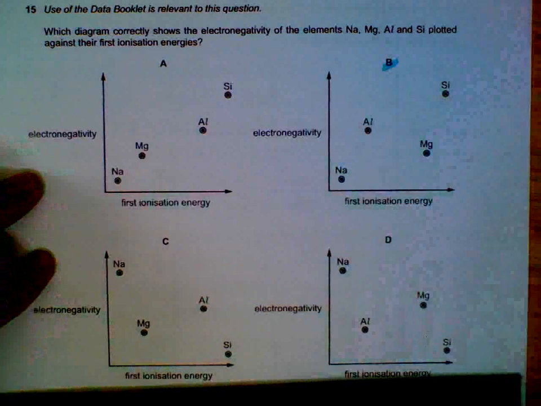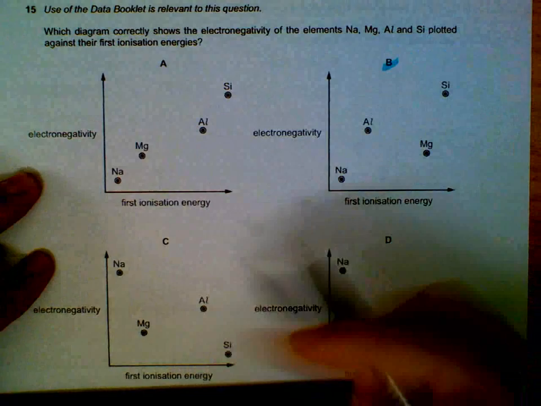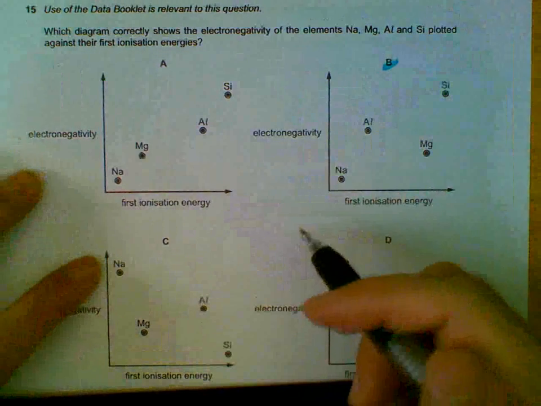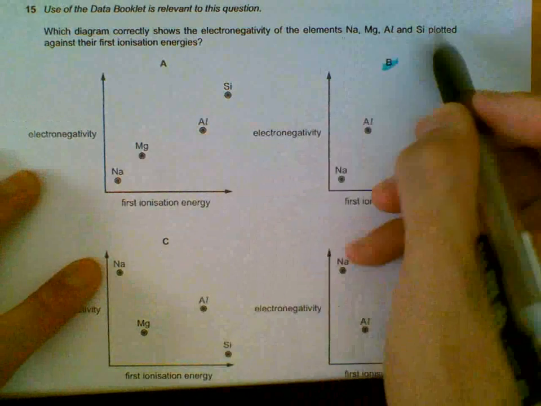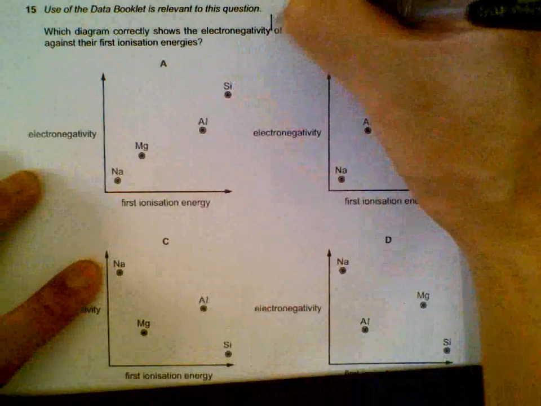Question 15. Which one correctly describes the electronegativity? We can use the trends of the electronegativity first. As you go from left to right in the periodic table, the electronegativity will increase.